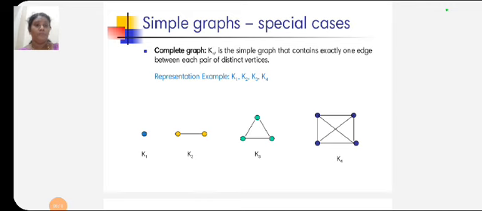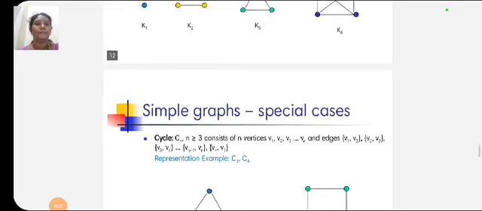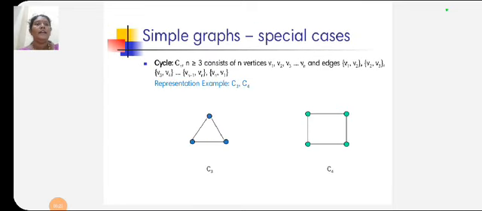So we have edges between each pair of vertices, then it is said to be a complete graph. Cycle. A cycle must contain at least 3 vertices, that is n must be greater than or equal to 3. That is, in a cycle there must be an edge from v1 to v2, v2 to v3, etc., and from vn back to v1. That is, it must be a cycle.